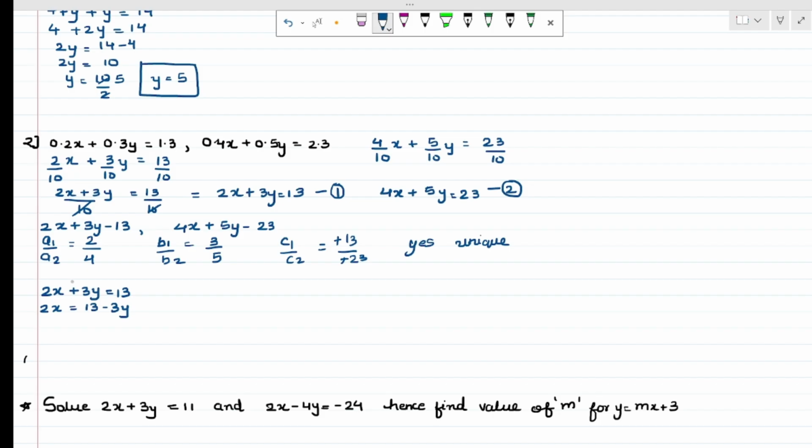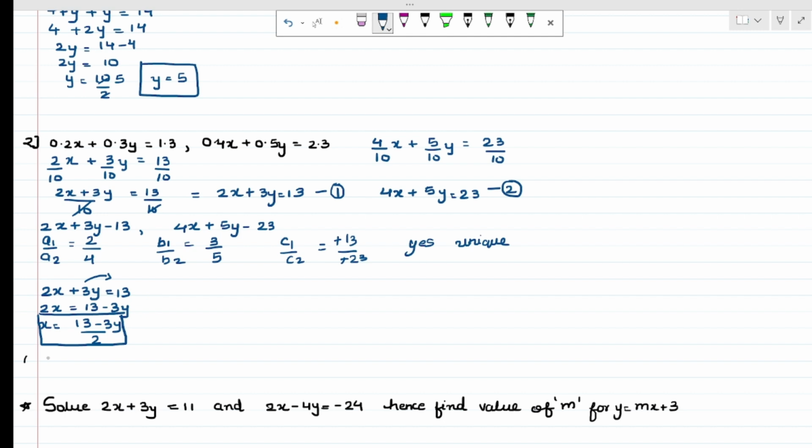This plus 3y changes its sign and it becomes minus 3y. Now I only want x. I don't want 2 with my x. So where will the 2 go? It will go in the denominator. So x becomes 13 minus 3y upon 2. Keep this value of x in the box. Okay. And keep it aside.